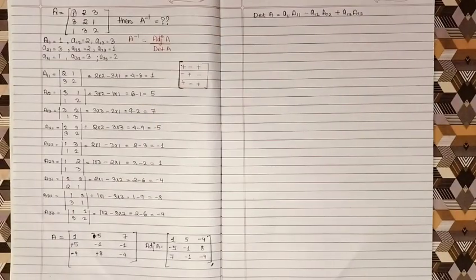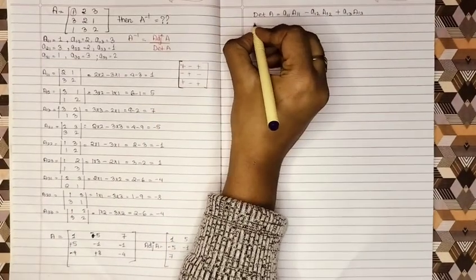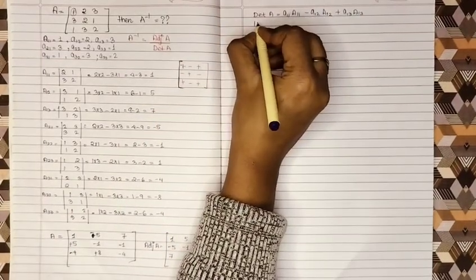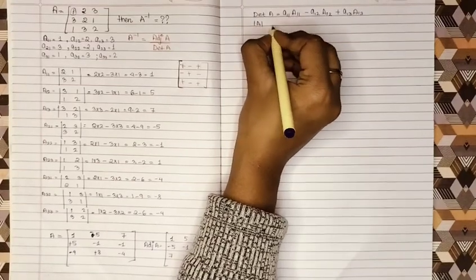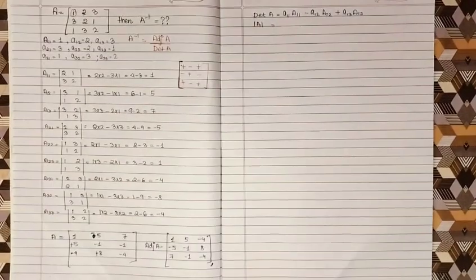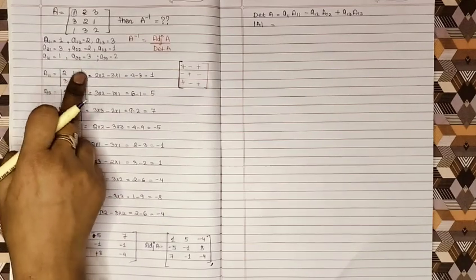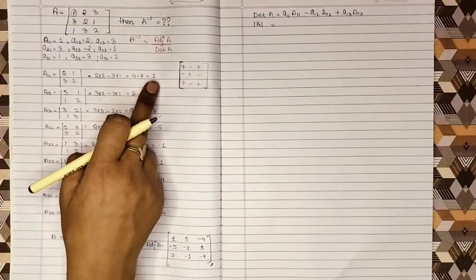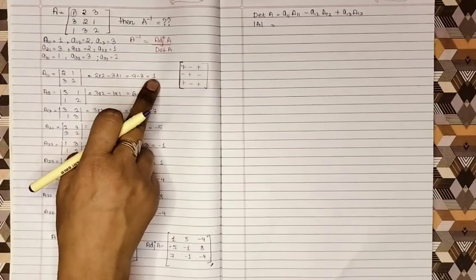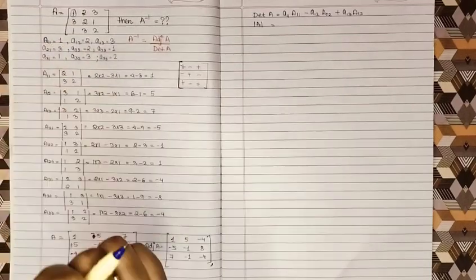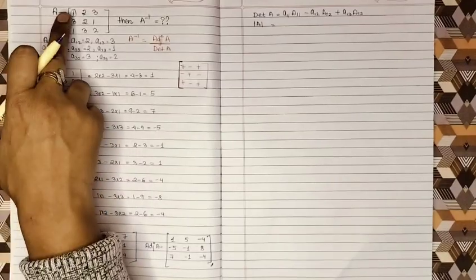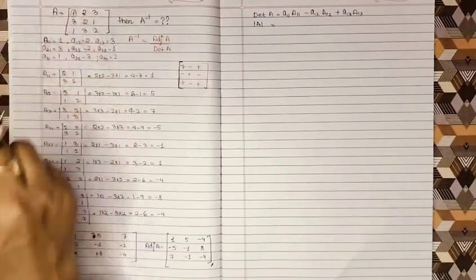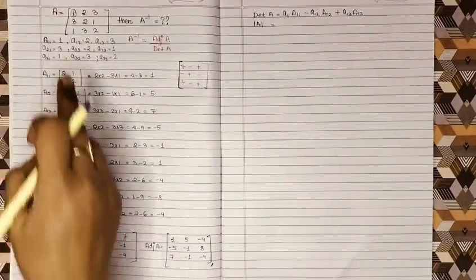See, determinant is also written as mod of A. So determinant can be taken out in this way. What we get in this value multiplied by what we have is our determinant. And for the determinant, we will only use the first row.